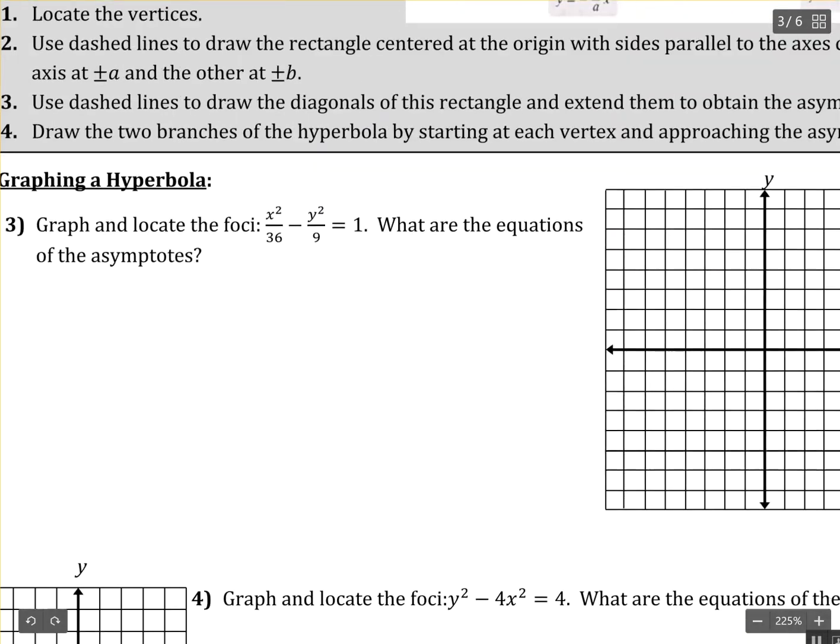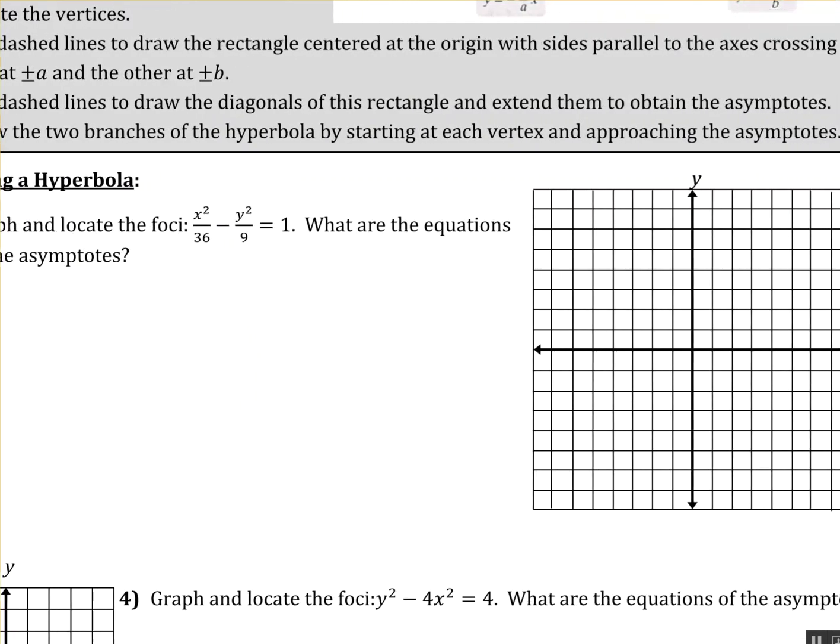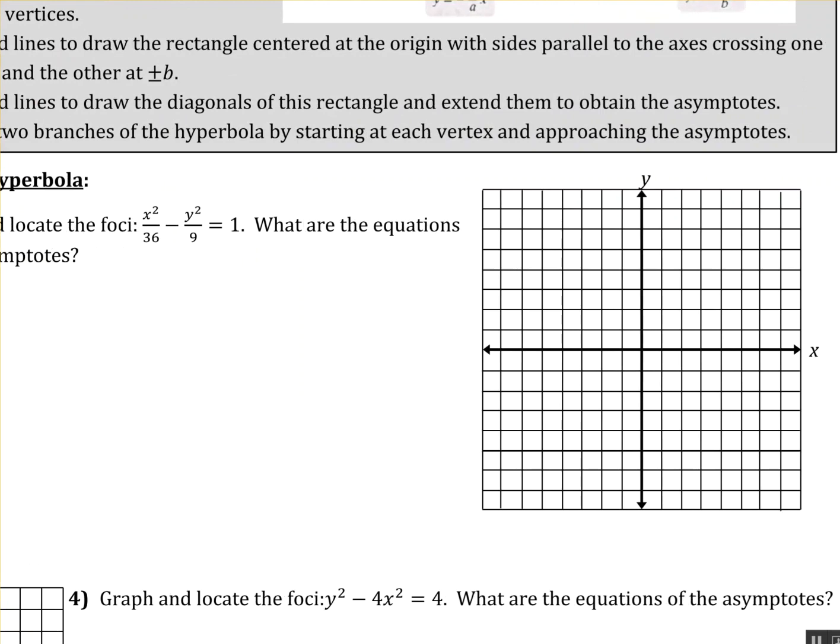All right. Graph and locate the foci of x squared over 36 minus y squared over 9 equals 1. What are the equations of the asymptotes? So again, square root of 36 is 6, so I'm going to go left and right 6. And remember, the x squared is positive, so it's horizontal. That's how it opens. And I'm going to go up and down 3.